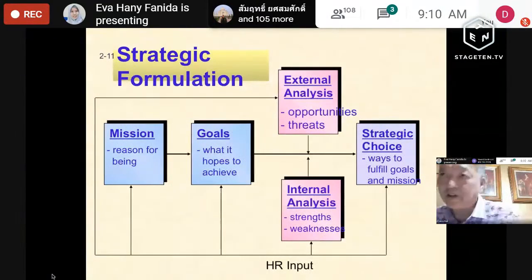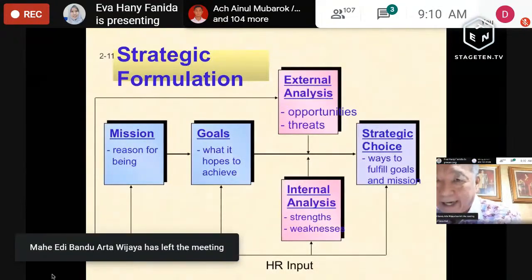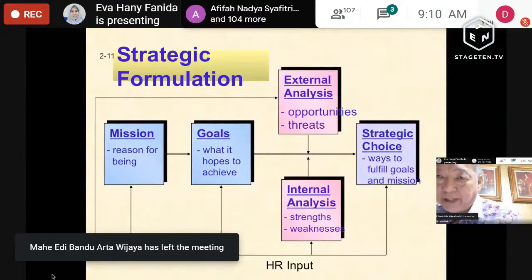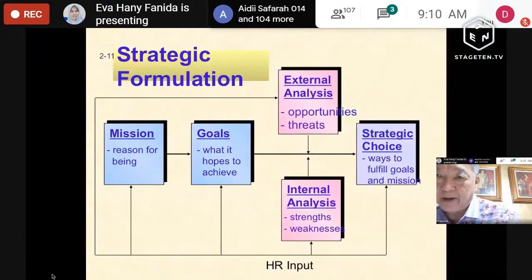And the second element, we call goals. You have the target, the objective to do, what you want to succeed in, what you want to achieve. So you have to set the goal. Sometimes we talk about goals, sometimes we talk about objectives.